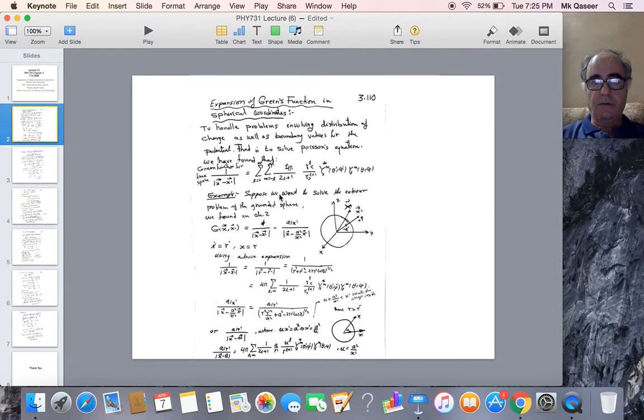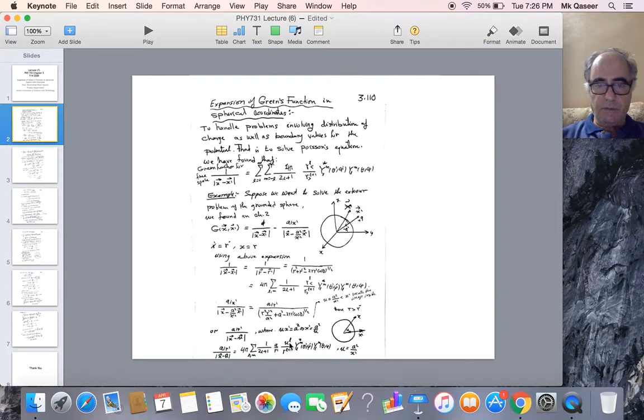The first term is already this term. Now let's do the second term. Now we convert this to a square root of this formula, and then let u equal a squared over x prime. Doing so, we get this expression. Now the denominator is nothing but this expression, but instead of r we have now u, which is a squared over x prime.